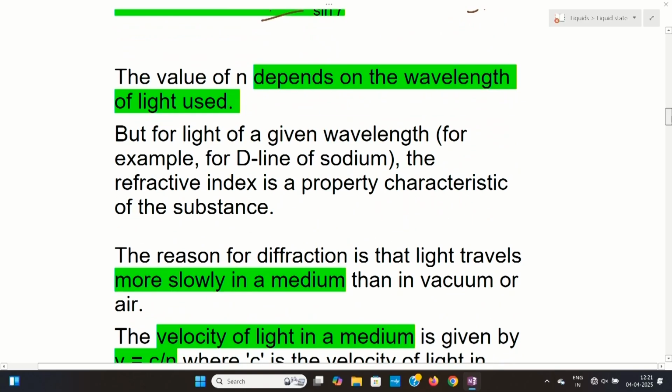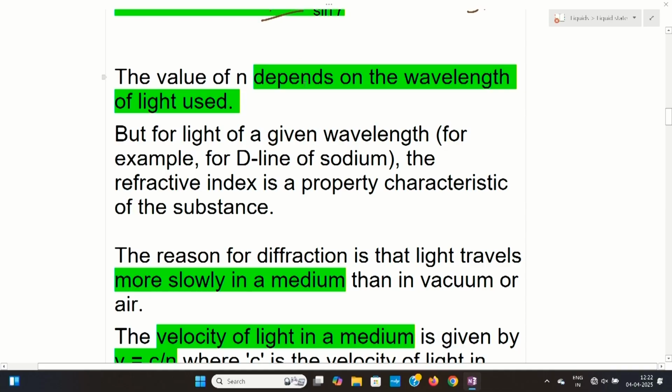When light travels in liquid, the liquid has some polarization of atoms. Because of this polarization, some electric field is generated, and this electric field is opposed by the electric field of the light. Therefore, the speed of the light decreases in liquid. That is the reason behind the refraction.